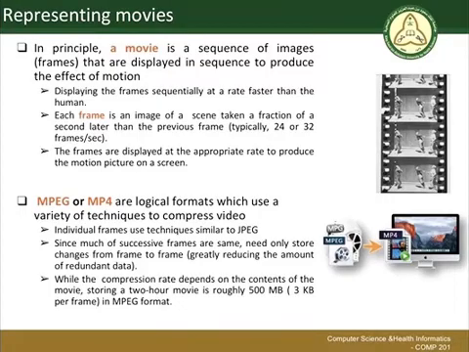Usually, a movie can take 24 frames per second or 32 frames per second. The number of frames per second will be higher if the movie is an action movie and you want to see the detail of the movement.